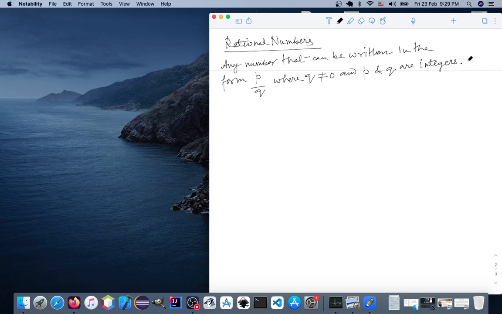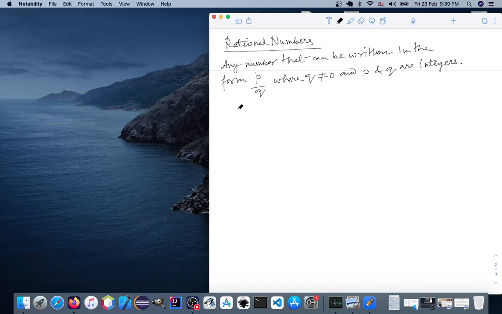So a rational number is a number that can be written in the form P by Q, where Q is not equal to 0 and P and Q are both integers. Now Q is not equal to 0 because in the denominator we cannot have 0. In mathematics we cannot divide by 0. So in the denominator we never have 0. That is the reason Q cannot be 0.